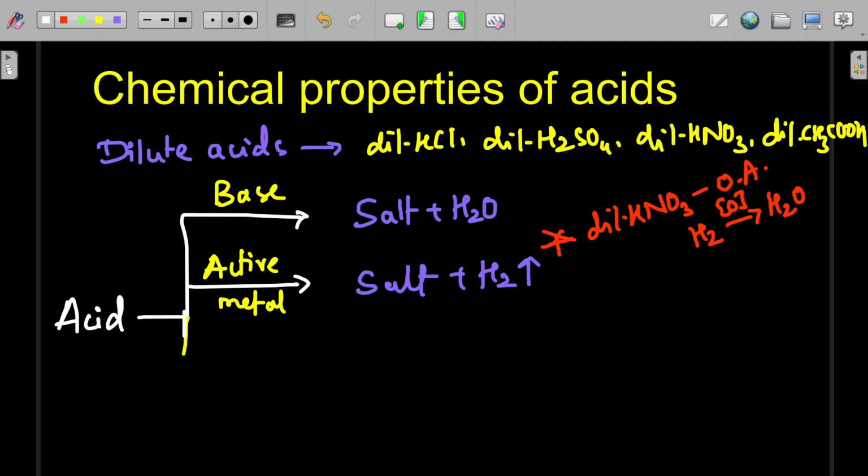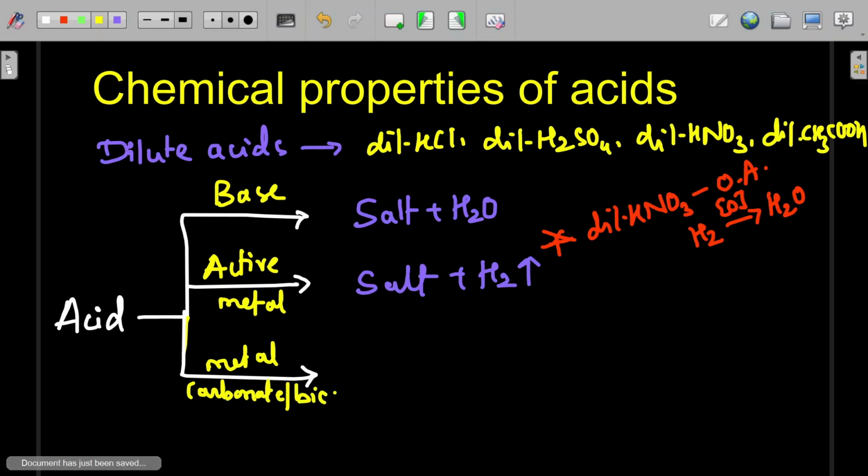Third one, metal carbonates or bicarbonates. Generally, metal means you can take sodium carbonate, potassium carbonate, calcium carbonate, calcium bicarbonate, any metal carbonate or bicarbonate.